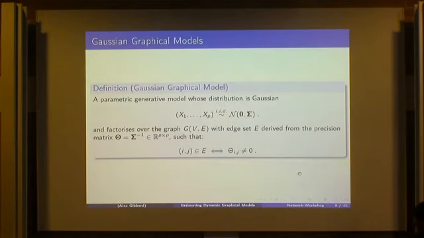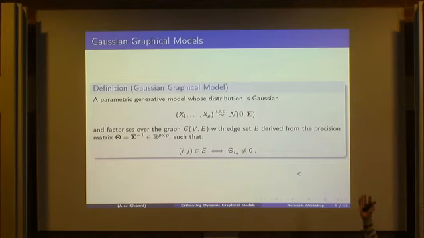So as I was saying, one parametric generative model would be the multivariate normal Gaussian, for the static case, where I assume that all observations come from one particular multivariate Gaussian N(0, Sigma), i.i.d., and that can be factorized over the graph with the edge set derived from the precision matrix. Here I have a one-to-one correspondence because the precision matrix of a multivariate Gaussian encodes all the conditional independence structures.